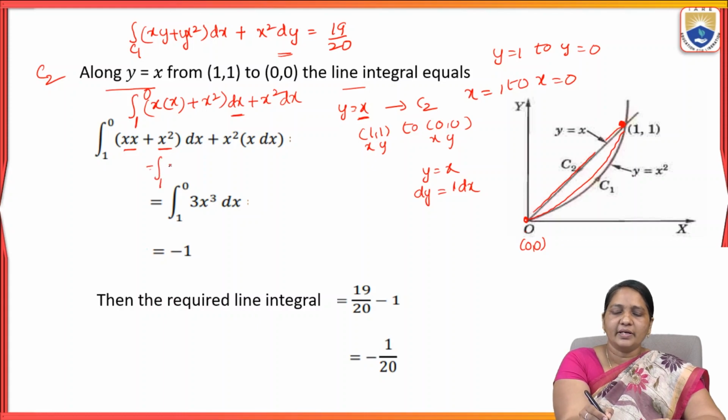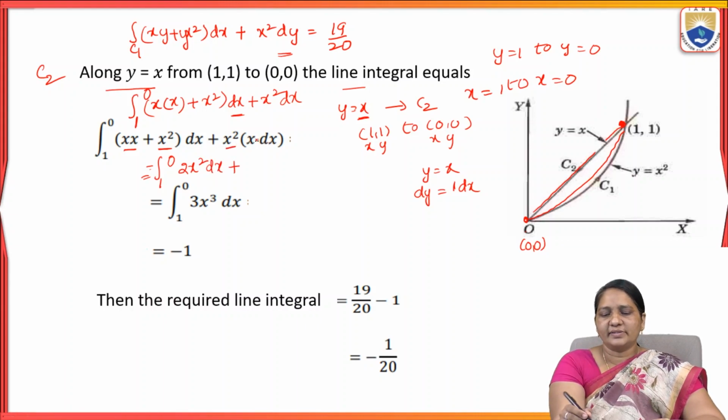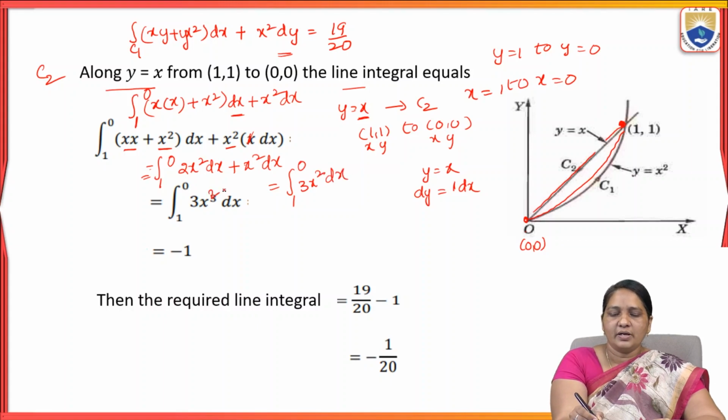So the integral from 1 to 0 of x square plus x square, which is 2x square dx, plus x square into 1 dx, that is x square dx. So finally this is the integral from 1 to 0 of 3x square dx.